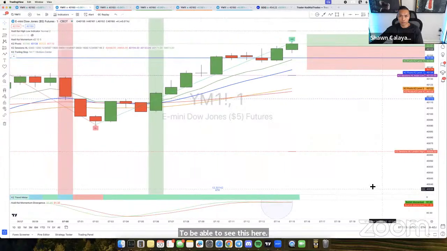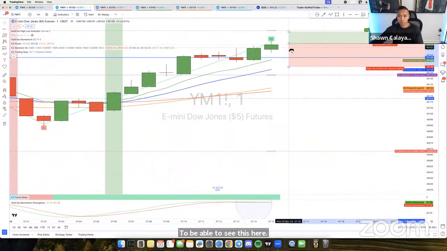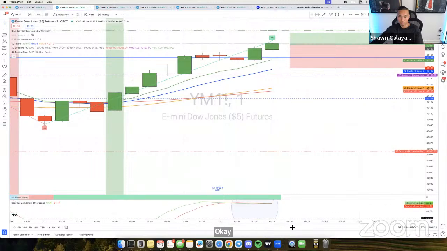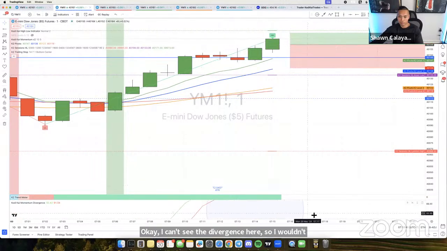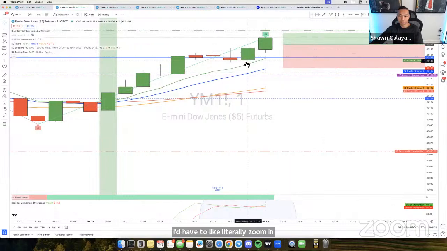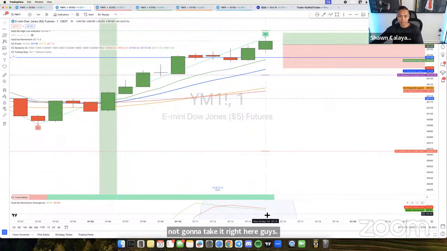Zoom in a little bit. Like I can't even see the divergence here, so I wouldn't even mess with it. I'd have to literally zoom in super close. So I'm not going to take it right here, guys. Unfortunately, the divergence here is not clear enough and it still hasn't closed yet. So you can see right there, the divergence still hasn't crossed.